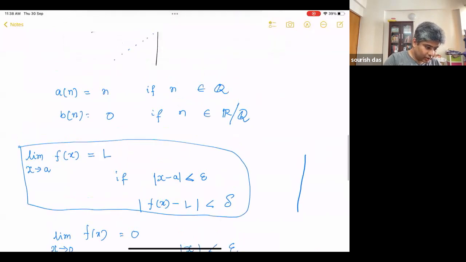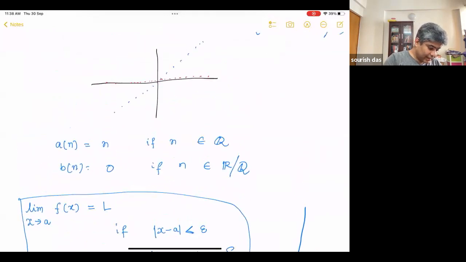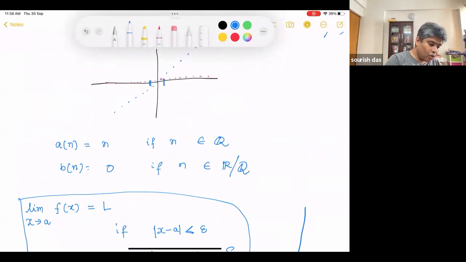It's basically saying that at 0, if you take a bound on the x, for all the points inside the boundary, you will find there is a boundary on the y-axis also. All the points are inside this box.